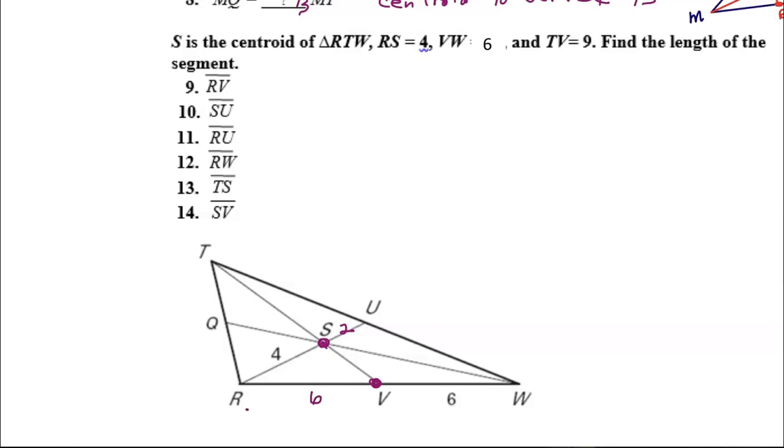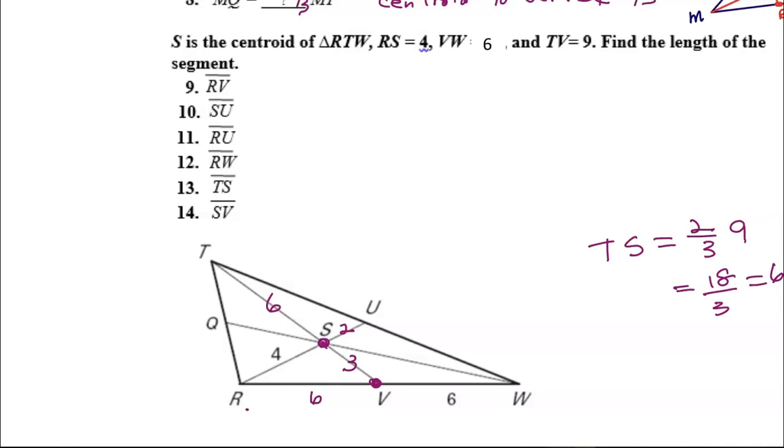Then they told me that TV is 9. TV is the whole length. So if TV is 9, then TS equals 2/3 of 9, which is what? That's 18/3. That's 6. If this is 6 and the whole thing is 9, this has to be 3.